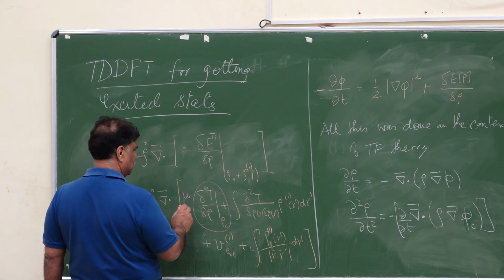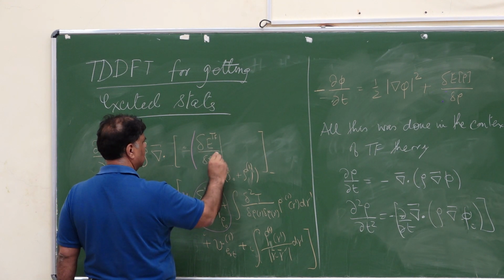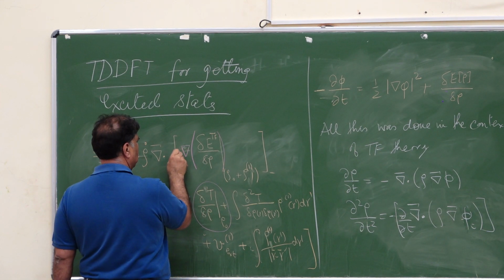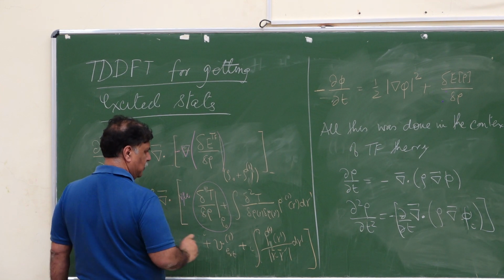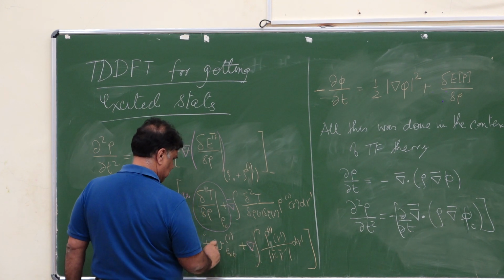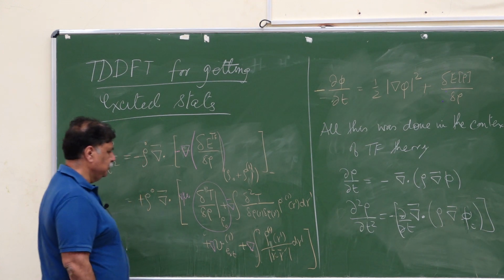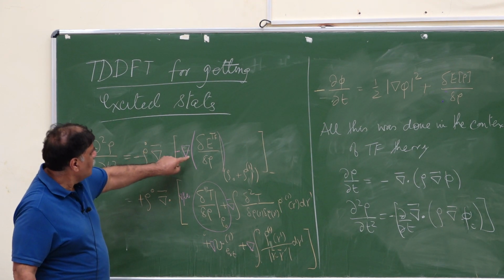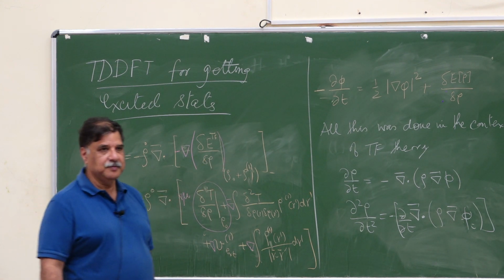There was a divergence of this, right? Grad also. So grad of mu, and this is going to be grad of this, and this is going to be grad of this. Alright? So the grad also. This del dot rho grad of d phi by dt.